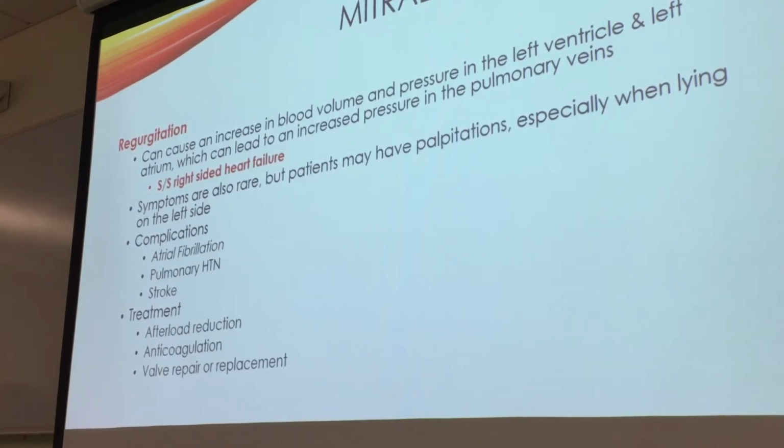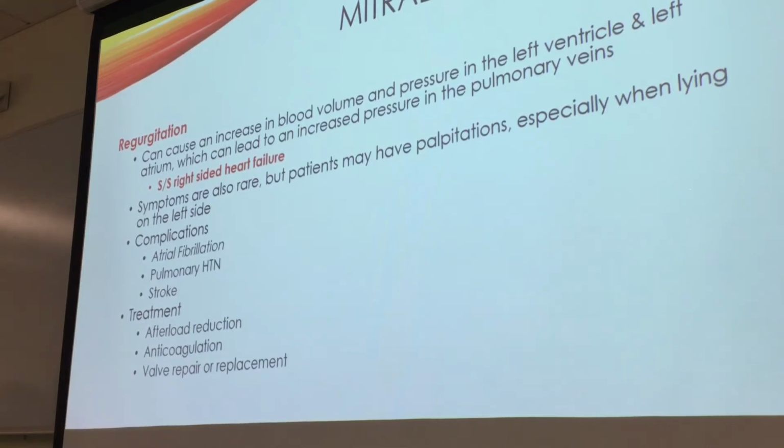So regurgitation, again, is when the blood flow is going back up into the left atrium when it should be ejected out through the aortic valve. So patients with mitral valve disease don't really have symptoms, but if it worsens, they're going to be having right-sided heart failure because of the strain that it puts on the right side of the heart.